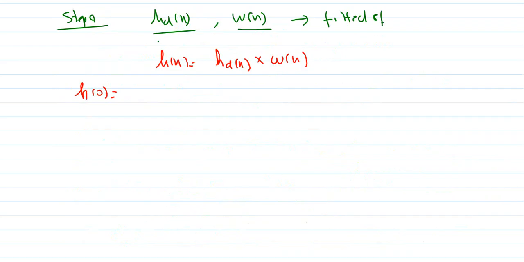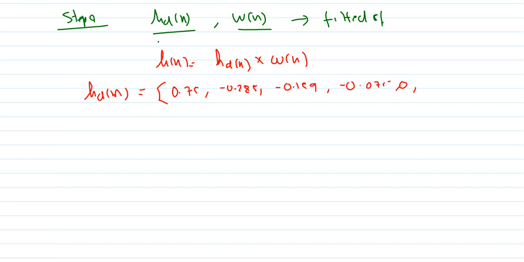Before we proceed, I'll rewrite Hd of n: 0.75, minus 0.225, minus 0.159, minus 0.075, 0.045.